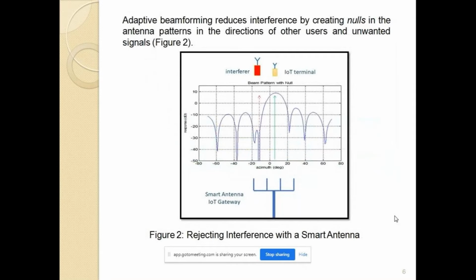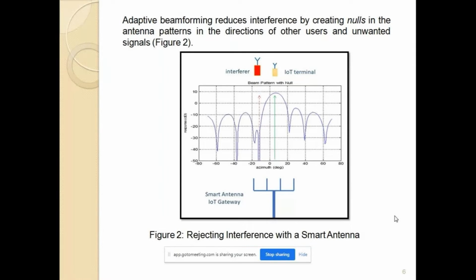Next, this diagram. We know that smart antennas are very intelligent. They can produce the required beam, the user beam, in the particular direction where it is required. At the same time, they have the ability to place nulls and discard the interferences.